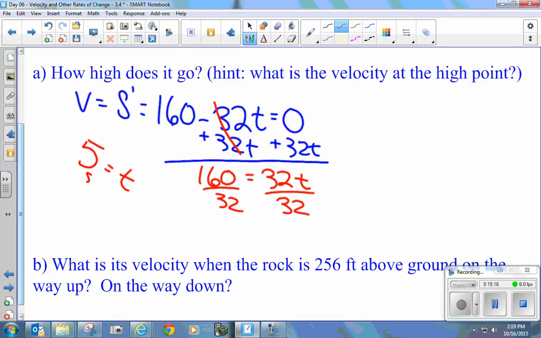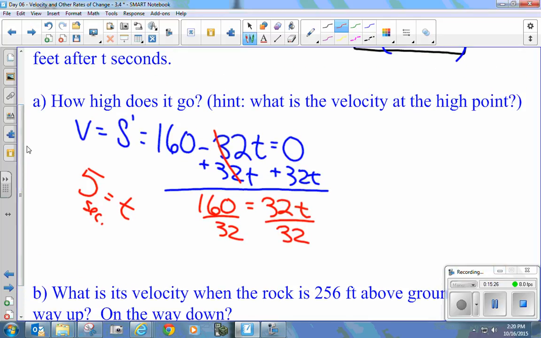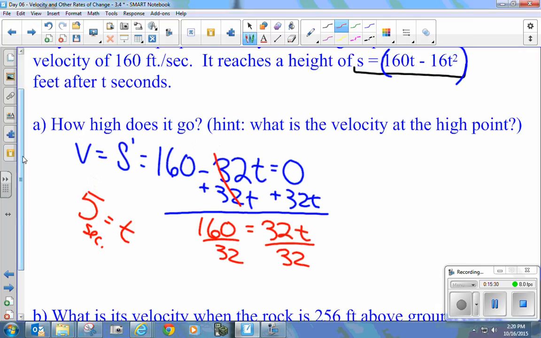It's 5 seconds. That's when this velocity is going to be 0, when it's going from up to down. So now that we know this is the time of the high point, how do we figure out the position of the high point? We take this and put it into our position equation, because I know what time the high point's at. It's at 5 seconds.